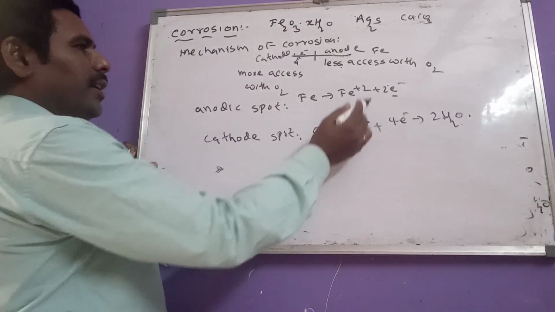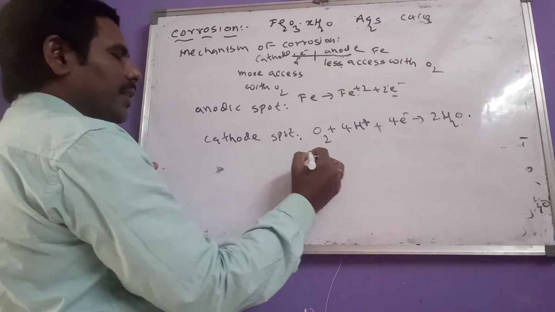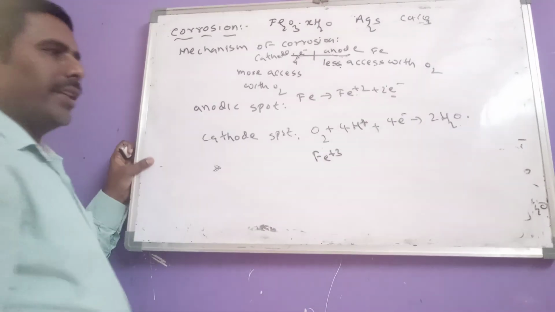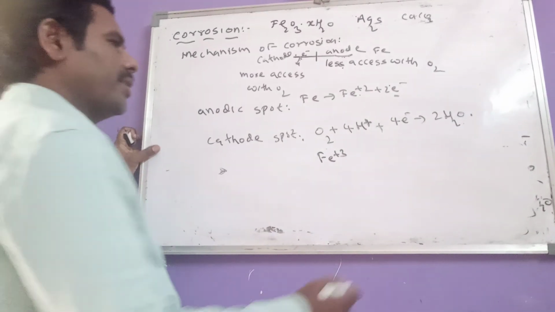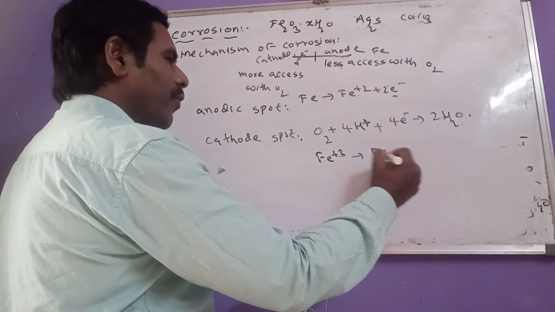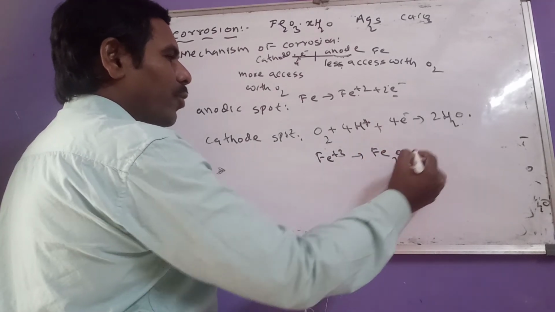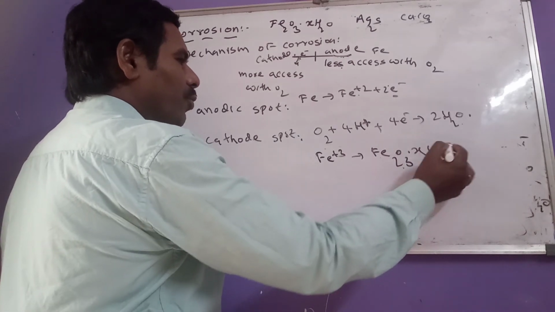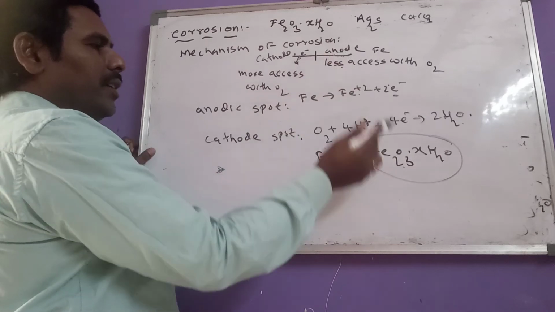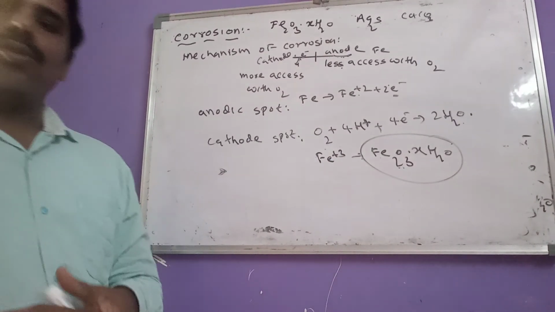Now the Fe2+ formed at the anodic spot is oxidized to Fe3+ and combined with this water, and that will form Fe2O3·xH2O. So like that the metal iron is now converted into its mineral Fe2O3.